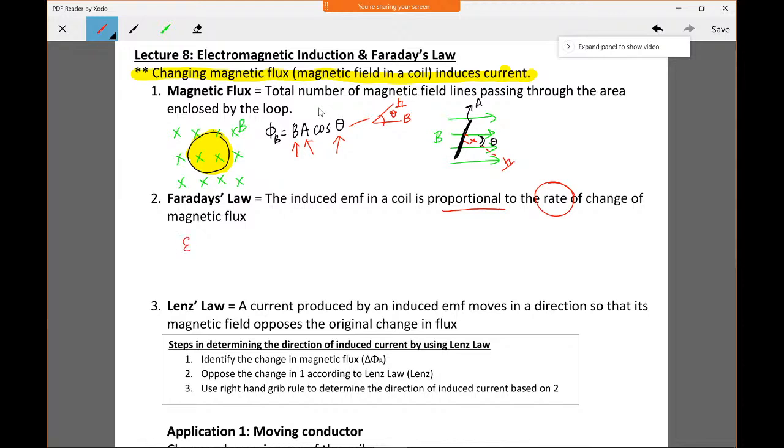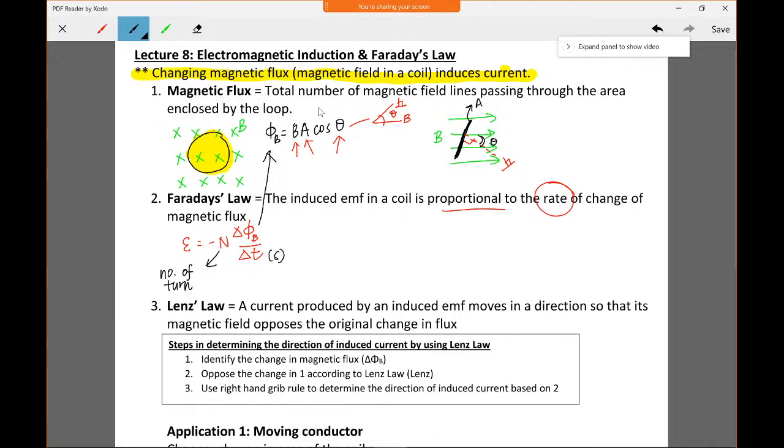So if you write it down in an equation, the induced EMF is actually depending on the change in flux over change in time, whereby N here is the number of turns of the coil. This is magnetic flux, and this is time in seconds.